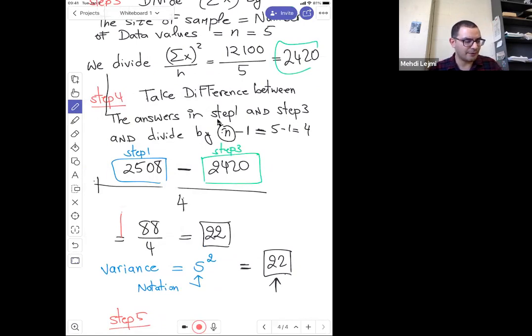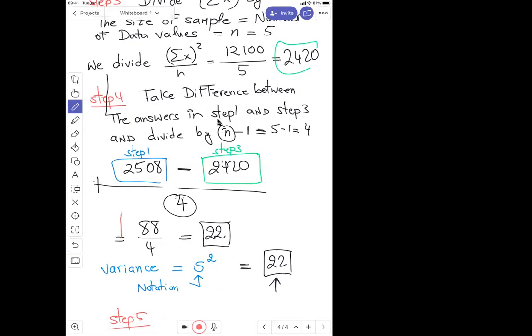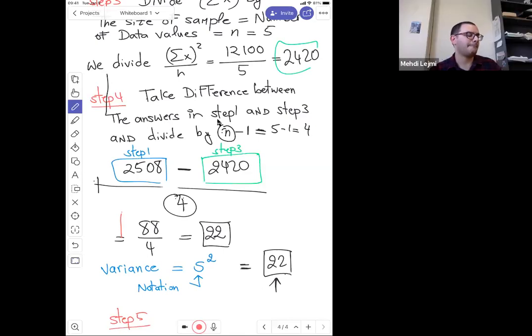Right here, I divide by 4. You don't divide and then subtract 1. You first subtract 1 from the size of the sample, and then you divide. Okay. So after I get my total number, when I do the division, I subtract 1 from the data value. Yes. All right.